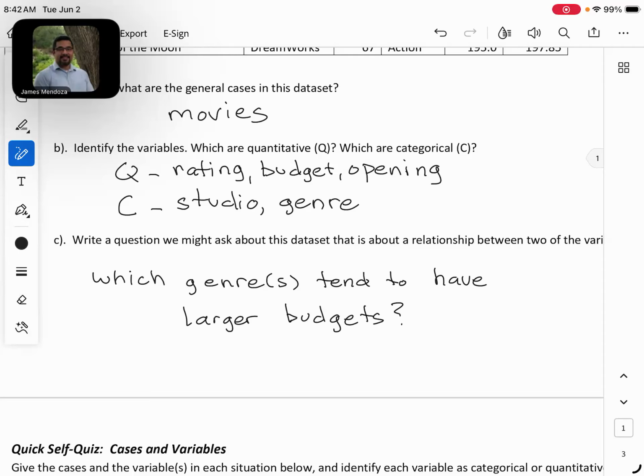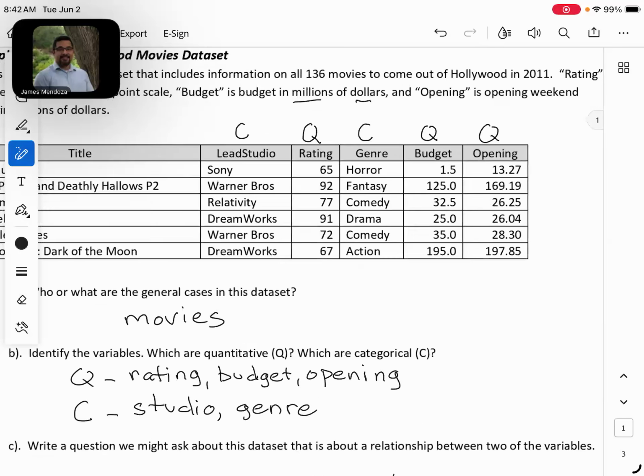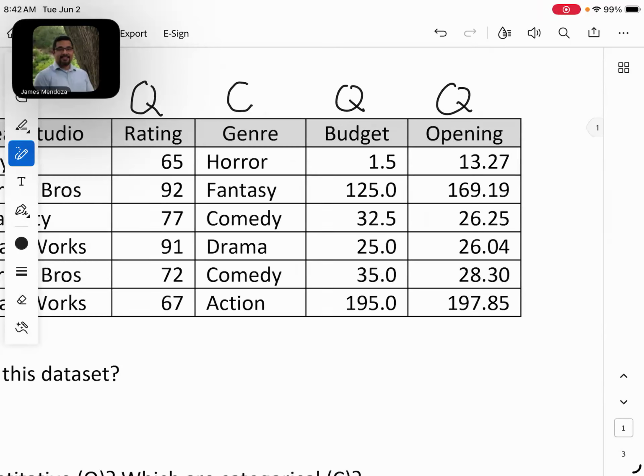And if you look at it, you can also see which genres do tend to have bigger budgets, and I think you can see it, right? Probably what your eyes are catching hold of is the fantasy and action, most likely because of all the special effects and the stunts.